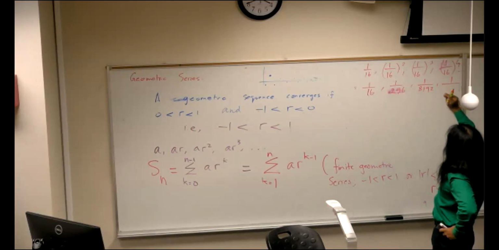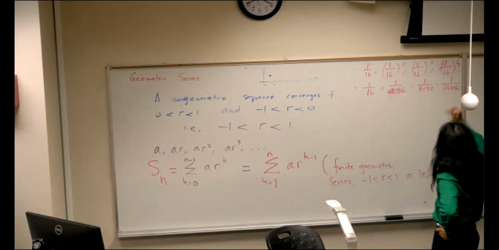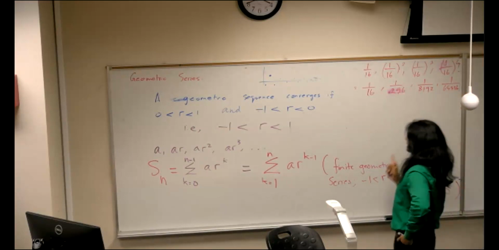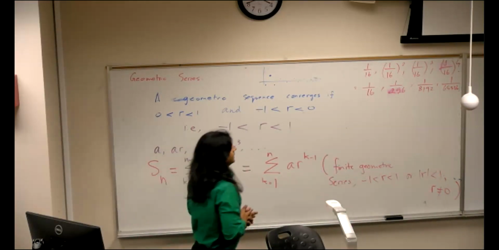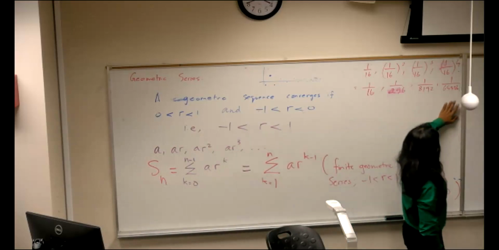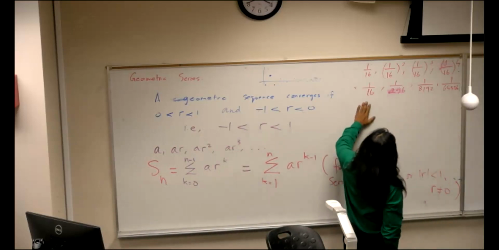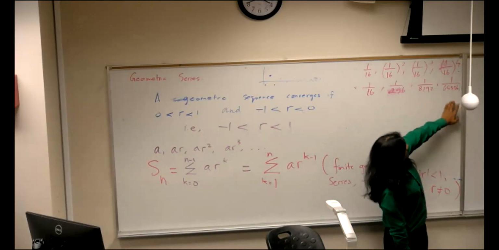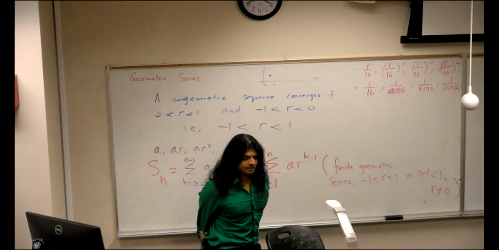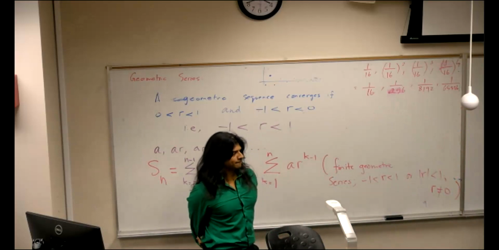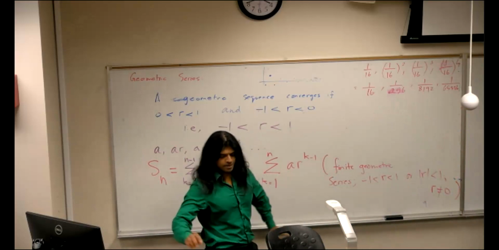The answer is 65,536. I was going to the next number for some reason. Oh, it's 2^16. So, 16, 256, 4,096, 65,536. This is going to converge. Do we agree? Yes? Okay.